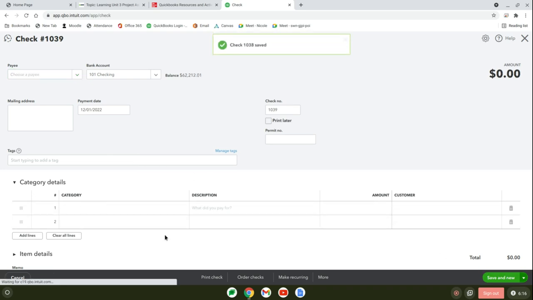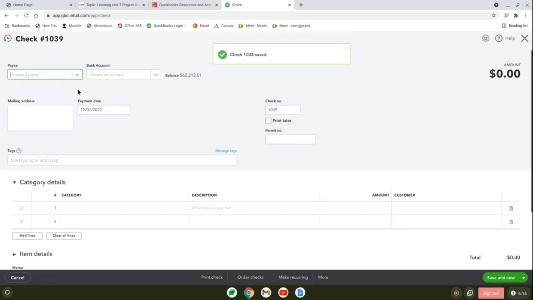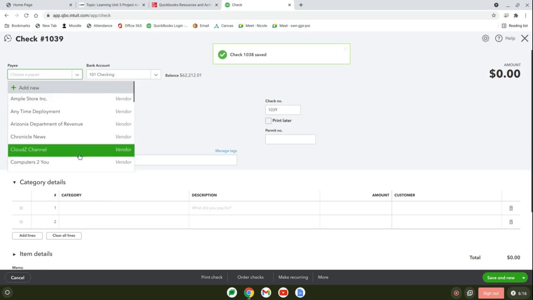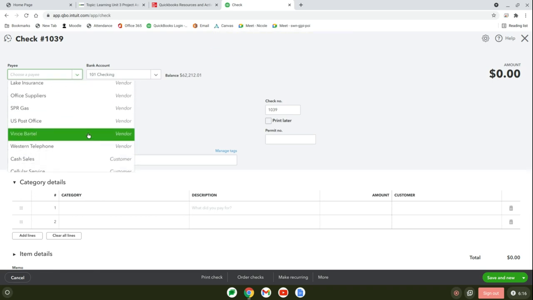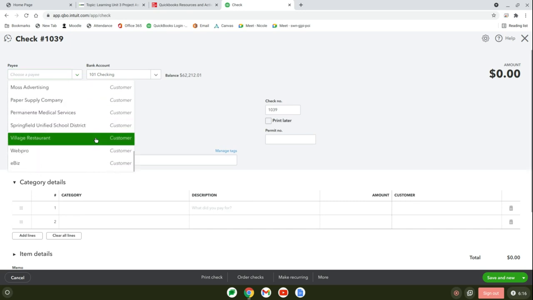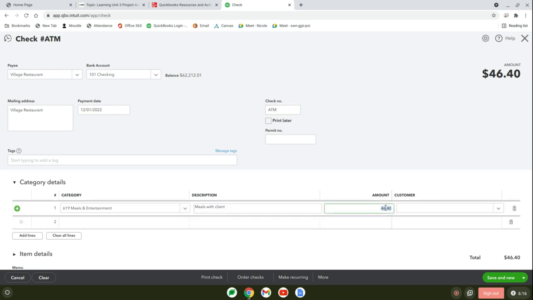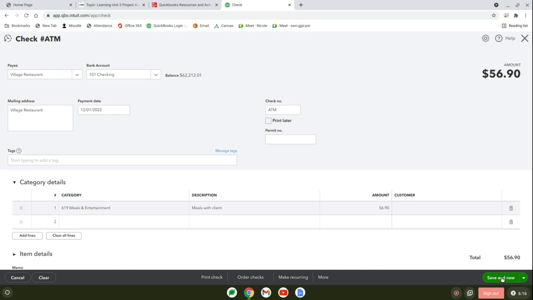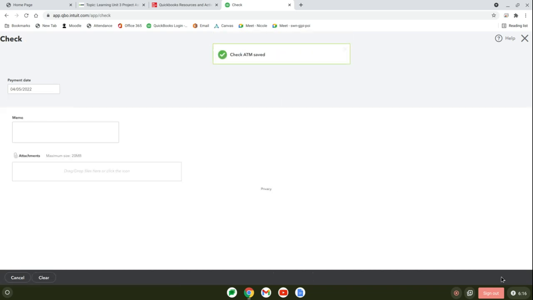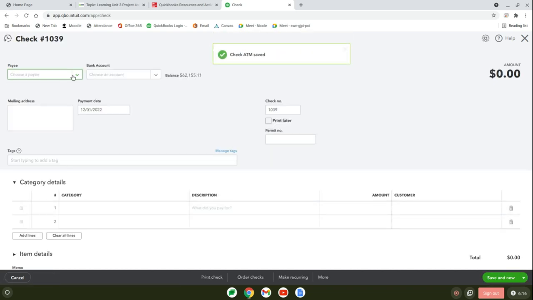The next one is Village Restaurant. And they already have meals and entertainment. You're going to override the amount and put $56.90. Save and new.